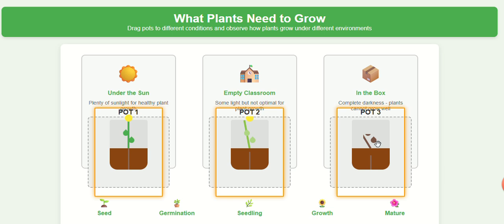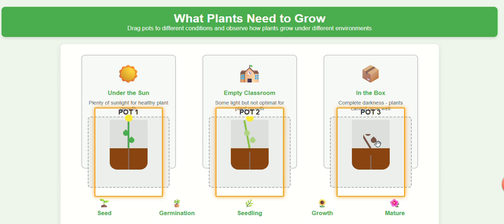After that, they will take turns. They will swap, and the group that came will go back to their settings.